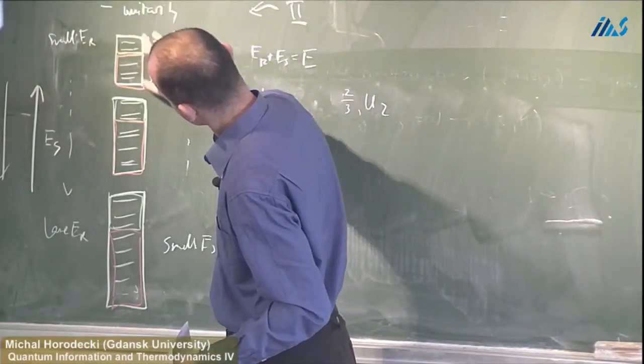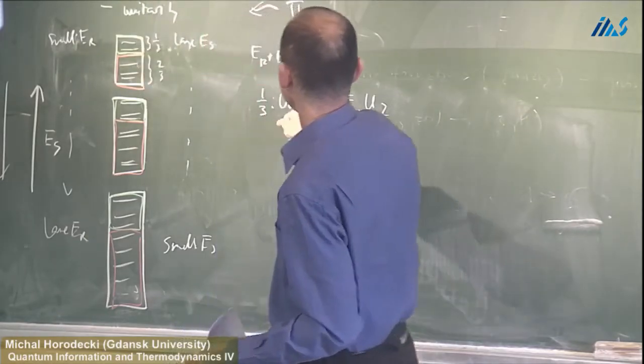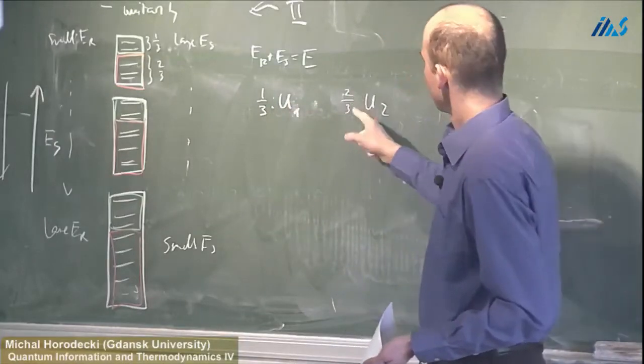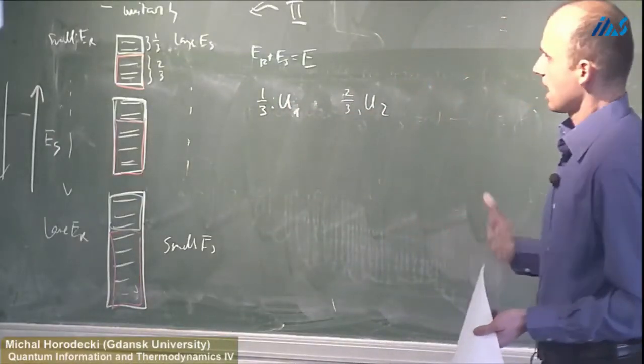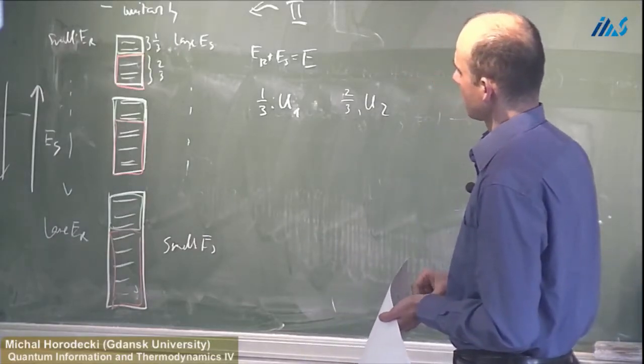So if I divide using this ratio, this unitary will be performed with probability 1/3 and this with 2/3.